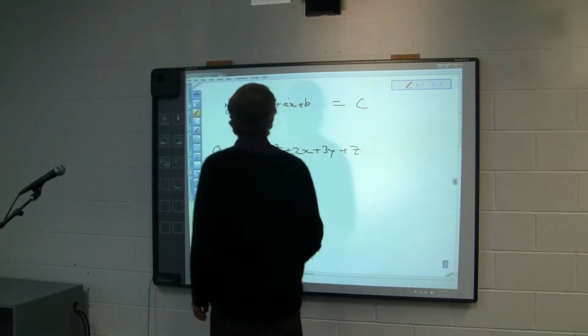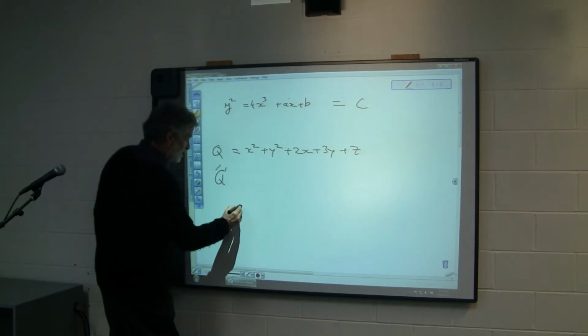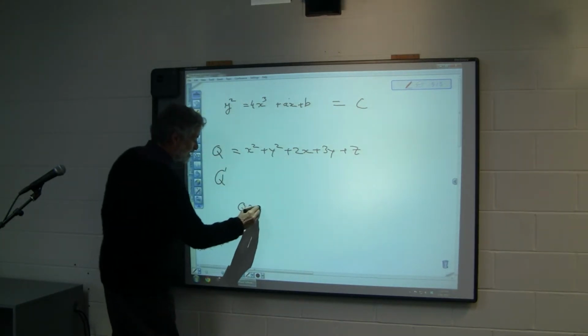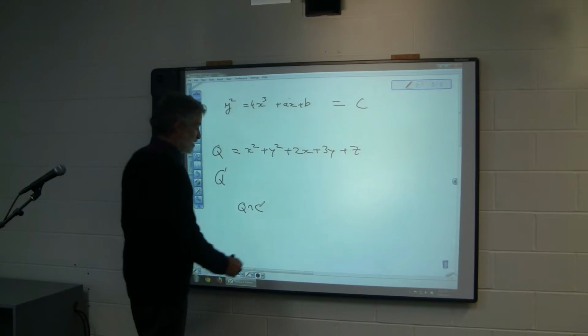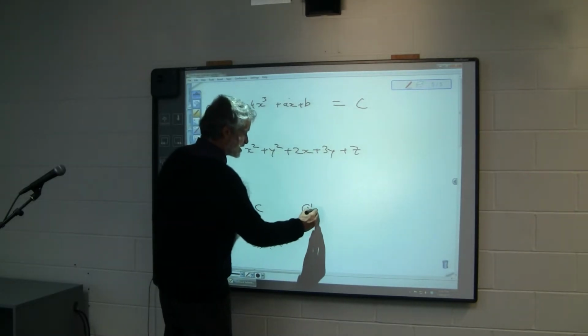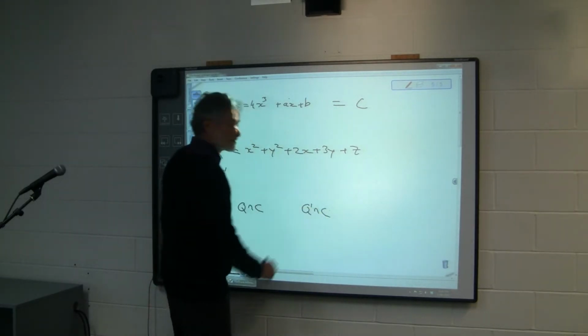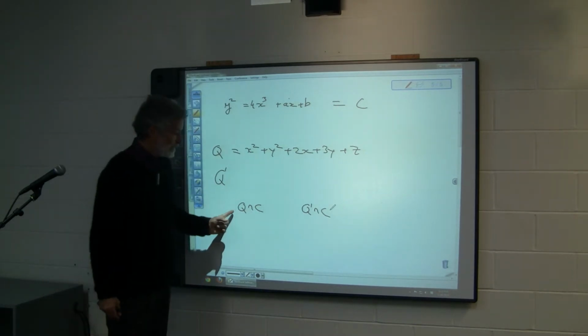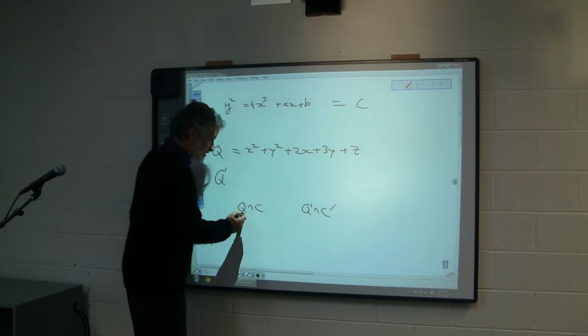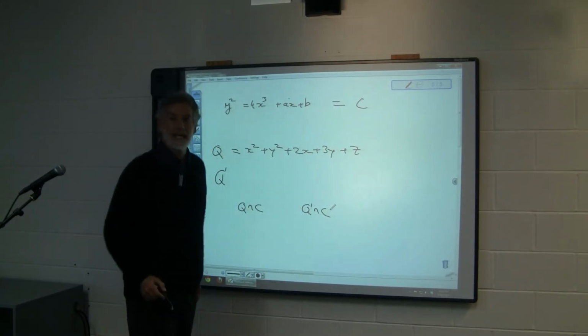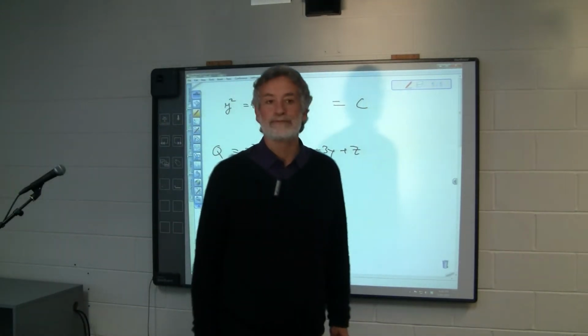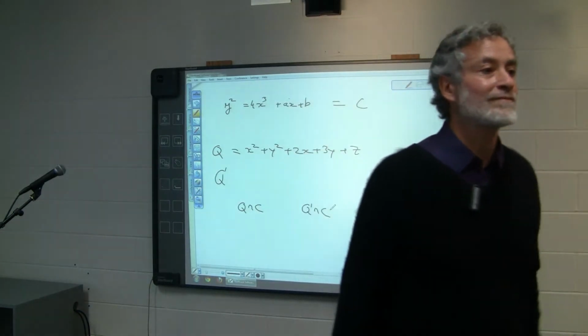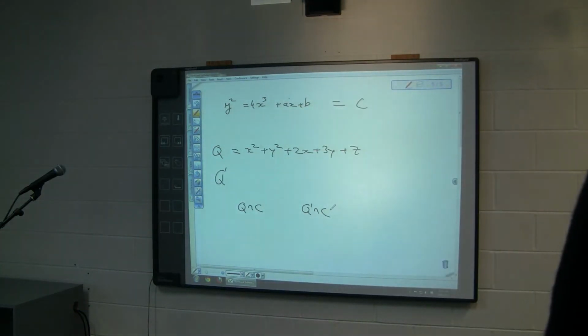Then Q intersect C is 6 points, and Q dashed intersect C is 6 points. If 5 of the points are the same, then the 6th has to be the same too. Magic.